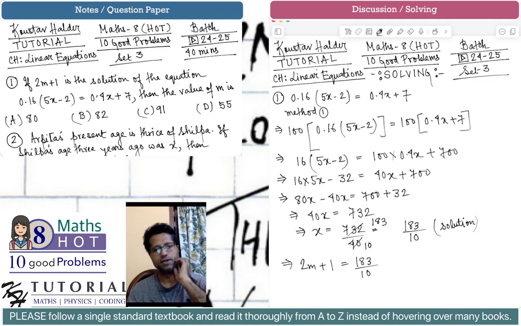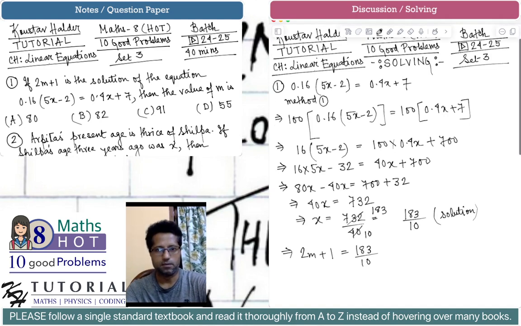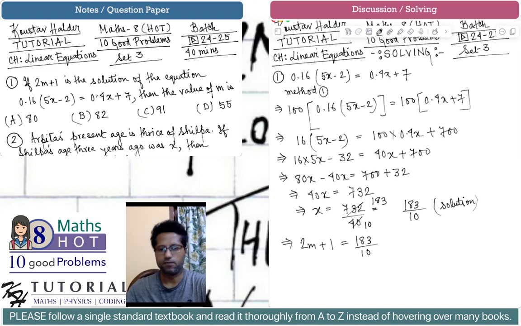So somehow the by 10 should not occur. Actually, this should have been 183 anyway.